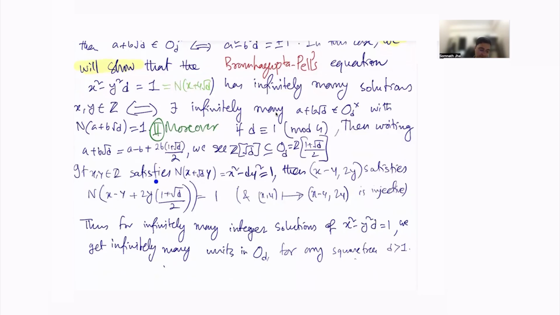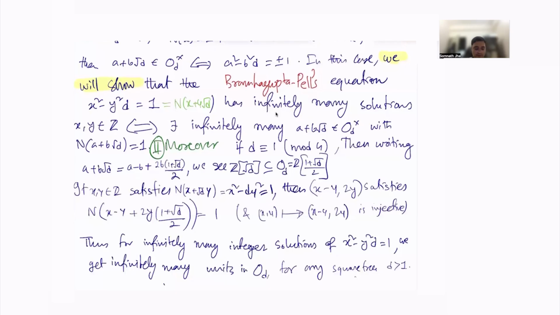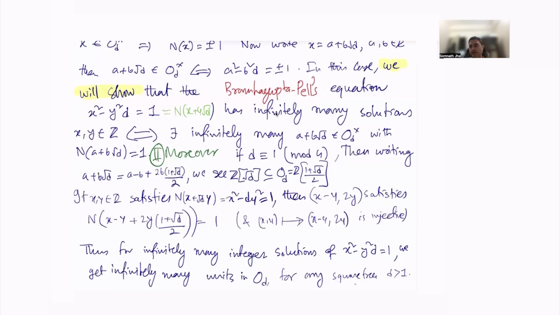So if x, y satisfy that the norm of x plus y root d is x squared minus d y squared for integers x and y, then from infinitely many solutions, again using the Brahmagupta-Pell equation, we basically only need to study that x squared minus d y squared equals 1 has infinitely many solutions. For d equal to 2 or 3 mod 4, that straight away gives infinitely many elements with norm 1, so infinitely many units.